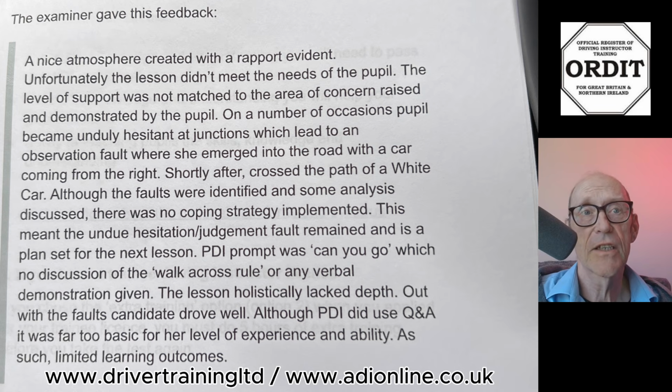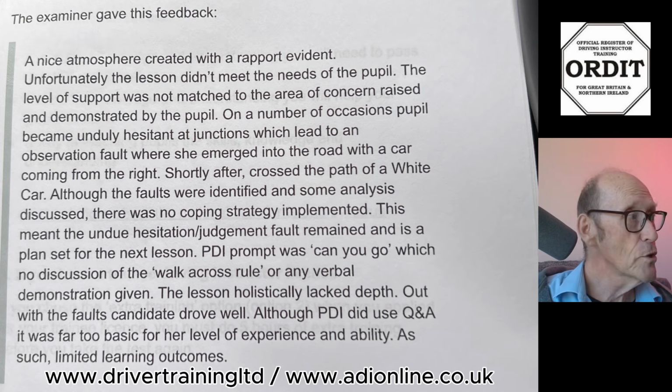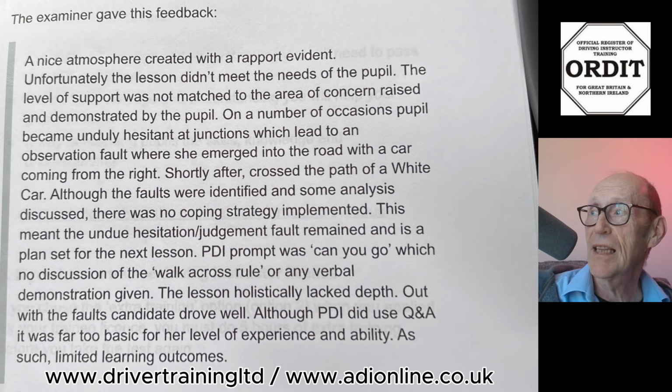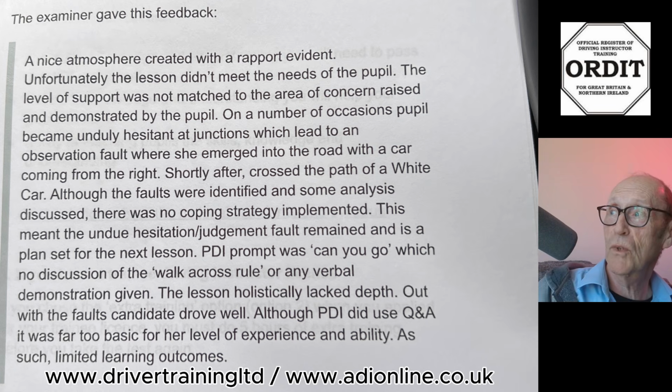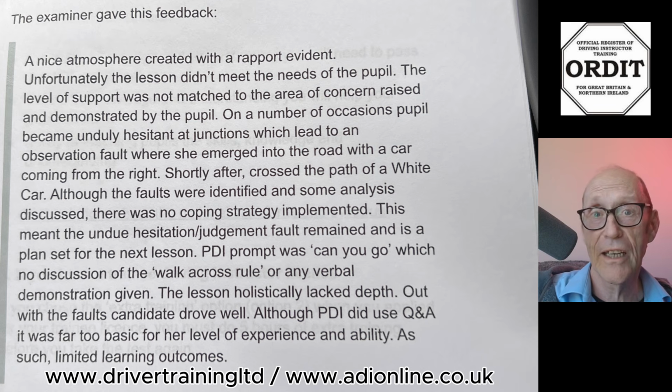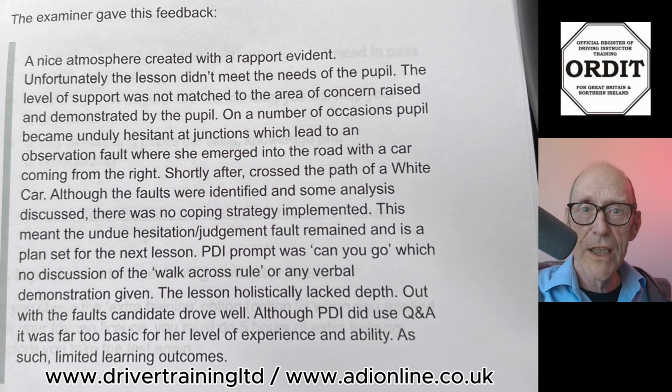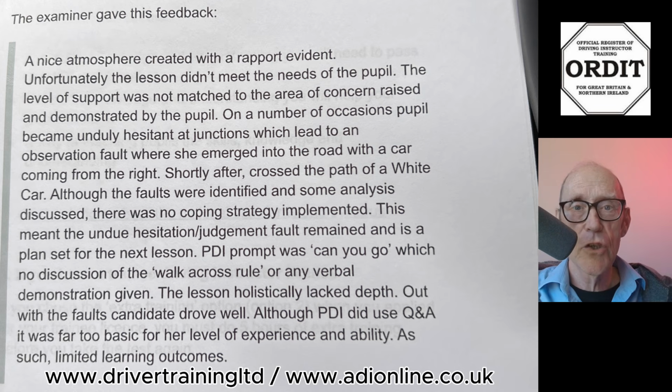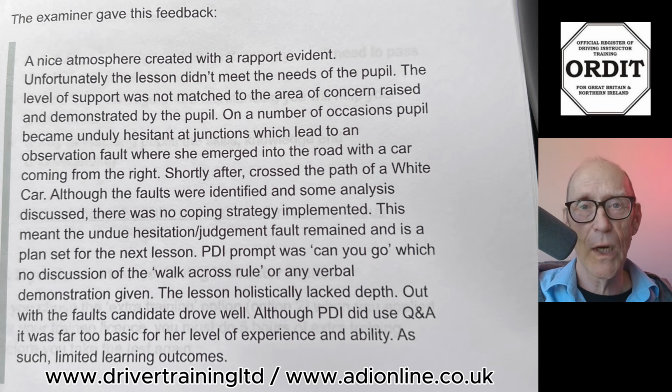Because of this, as it said, on a number of occasions, the student did this, which led to an observation fault where she emerged into the road with a car coming from the right. Minimum observation at junctions: right, left, right again. So she could have looked right, left, saw the car, thought, all right, perhaps once he's gone, I can go. But what originally was a big enough gap on the right, if you're being unduly hesitant, it means you're taking way too long.